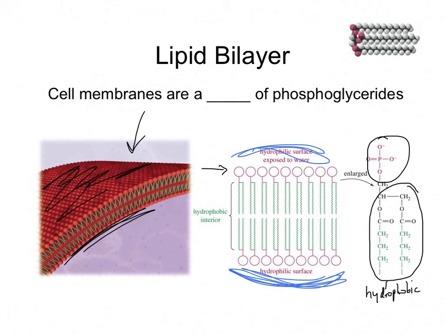These lipid molecules essentially serve as a solvent for substances and proteins within them, and the proteins and lipid molecules can diffuse through the lipid matrix, and they can migrate over the membrane from one side to the other. So, in essence, to fill in this blank here for you, cell membranes are a bilayer of phosphoglycerides. So the word that needs to go here is bilayer.